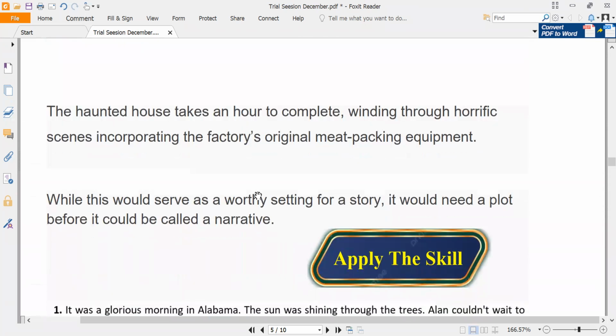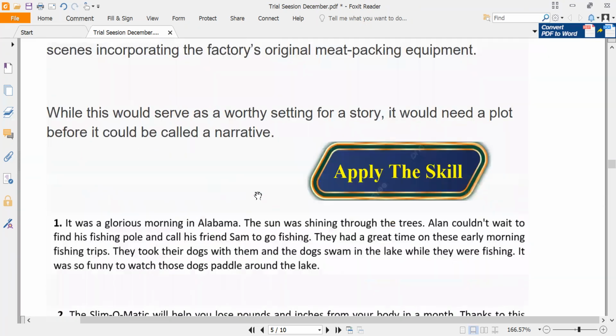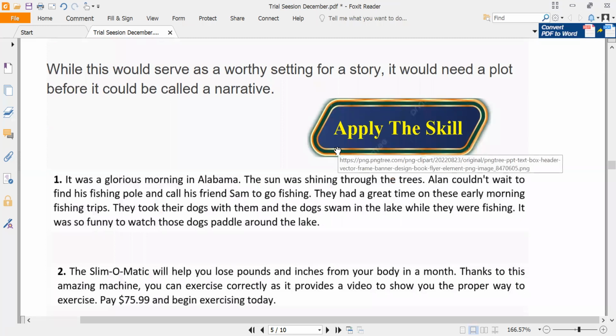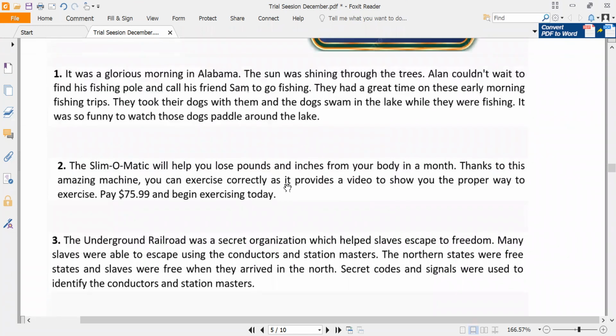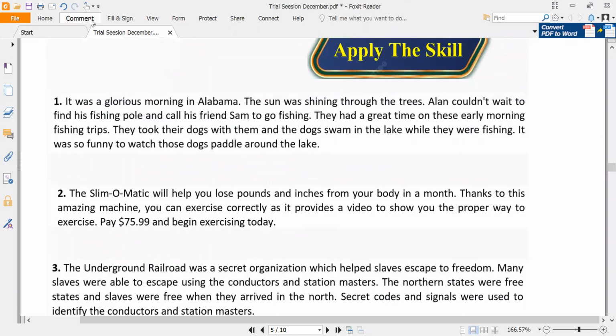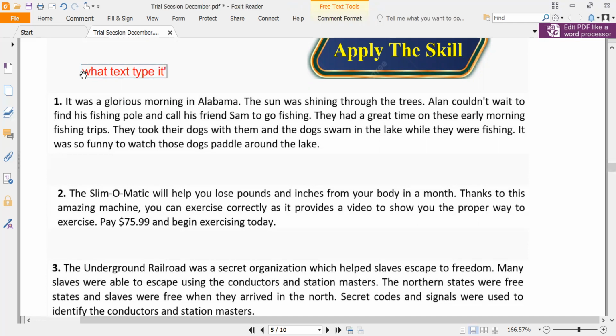Okay. Great. Now it's time to apply the skill. In the file I sent to you, there are four short paragraphs. Tell me what genre it is and what text type it is, of the four we studied.